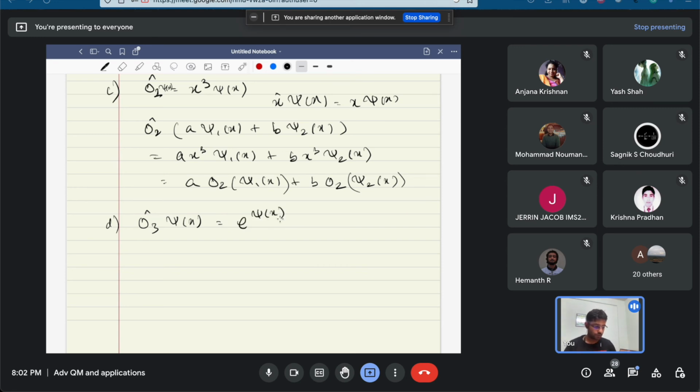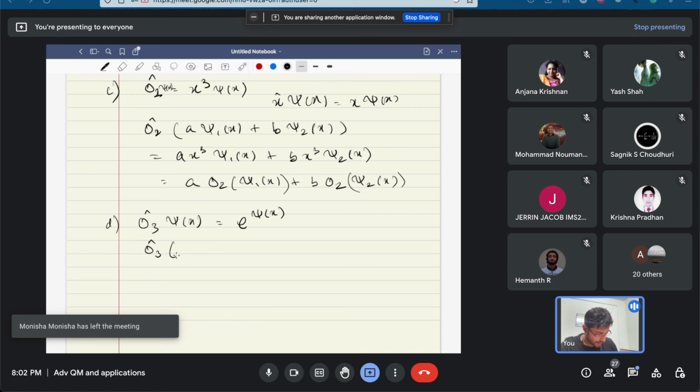So what would your answer be? Will this be a linear operator or non-linear operator? Just a rough guess, you don't have to be correct. Non-linear, and I think that is actually the correct answer. So let's solve it and verify whether it is a non-linear or a linear operator.